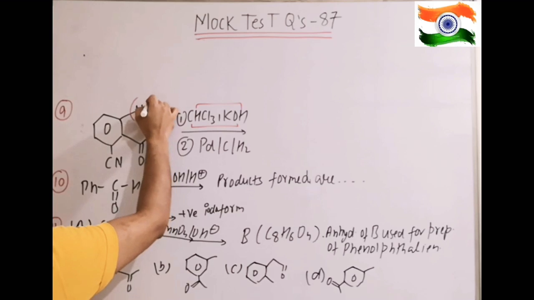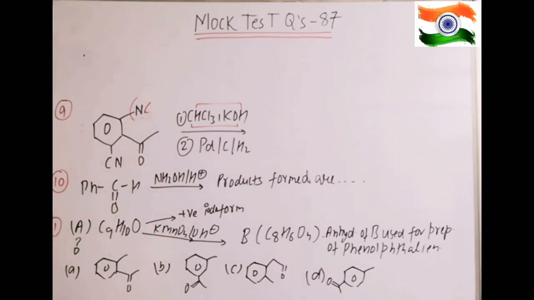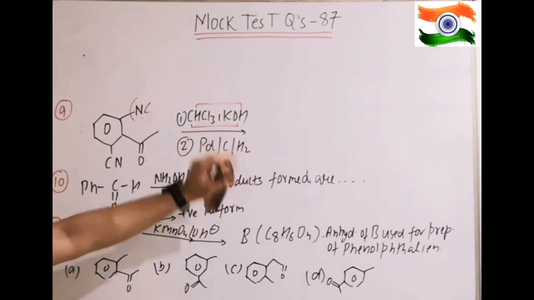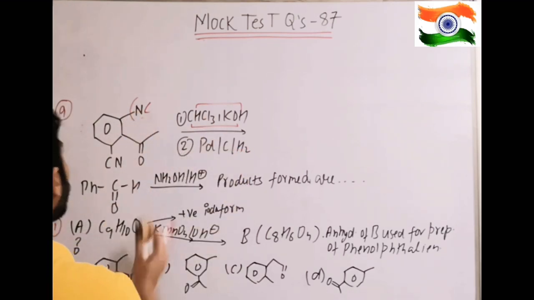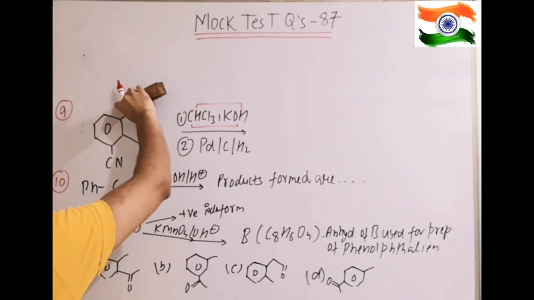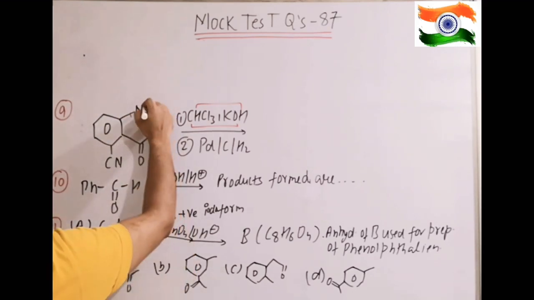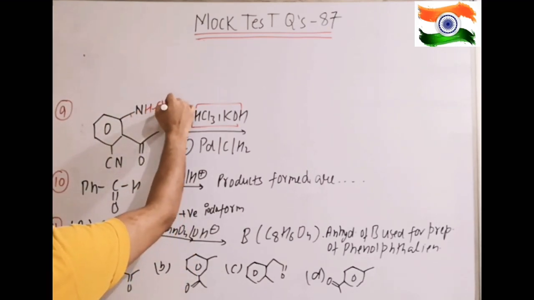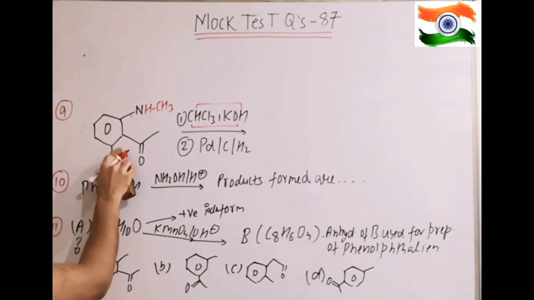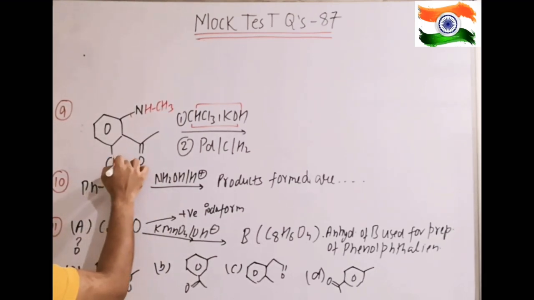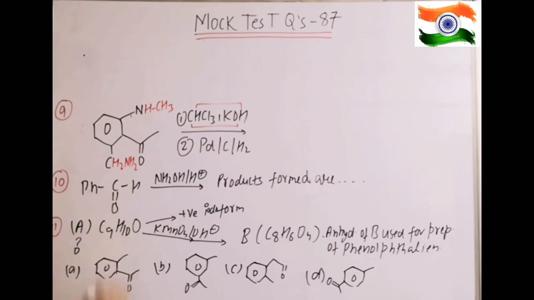When you pause this video, quickly think about it, that here NC is formed, and after the first step, the second step is palladium carbonate, that means reduction. So NC, the isocyanide, will undergo reduction to give the secondary amine, that is NHCH3, and the cyanide already present here will give the primary amine, which is CH2NH2. That is the answer for question number 9.